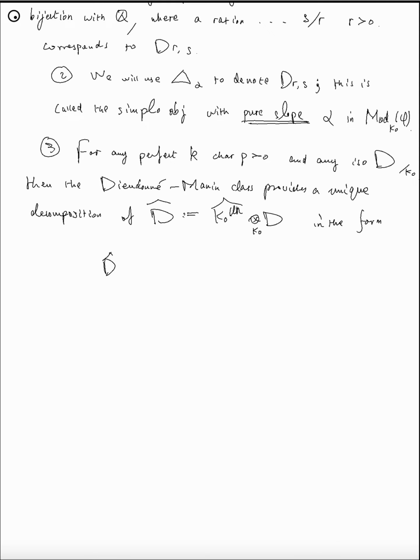So D hat equals the direct sum for alpha in Q of D hat alpha, for subobjects, D hat alpha isomorphic to the triangle alpha we just described with some positive integer power.